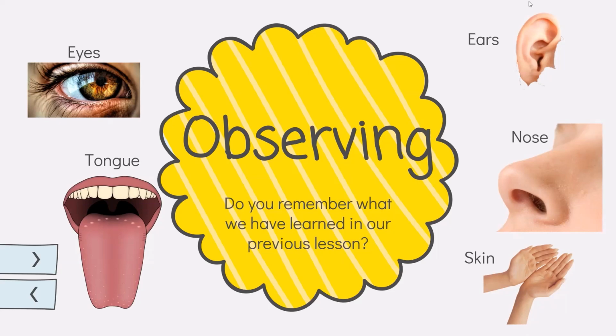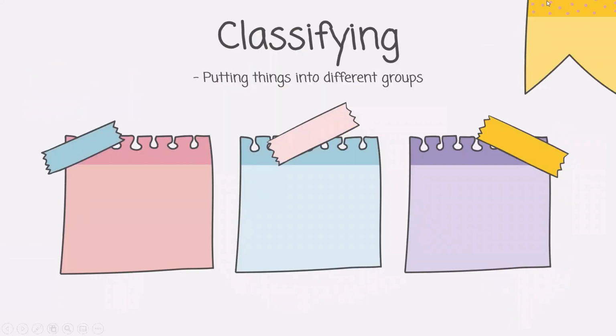Alright, so let me summarize this part. To observe, we use our eyes, our tongue, our ears, our nose, and our skin. Got that? Let's go to the next part, classifying. So classifying means putting things into different groups. Putting things into different groups.